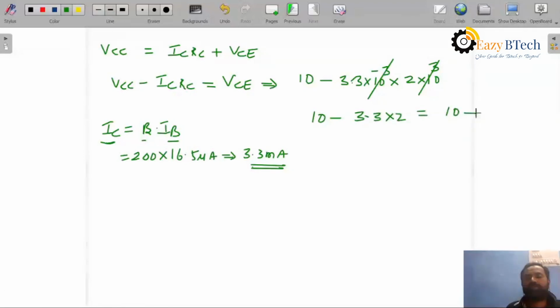That is 10 minus 6.6. Okay. Then you will get the answer like 3.4. VCE. What is the output voltage? VCE is equal to 3.4 volts.